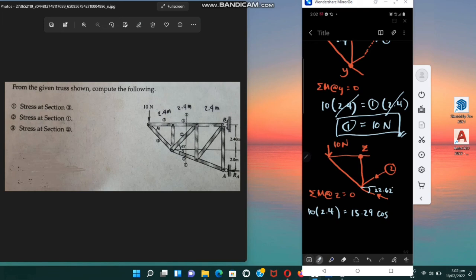So 15.29 cosine 22.62 times 2.4 plus the horizontal component of 2, so 0.2 cosine 45 times 2.4.